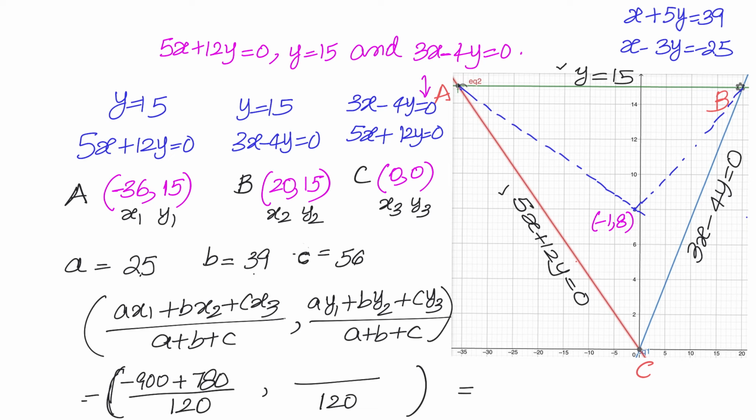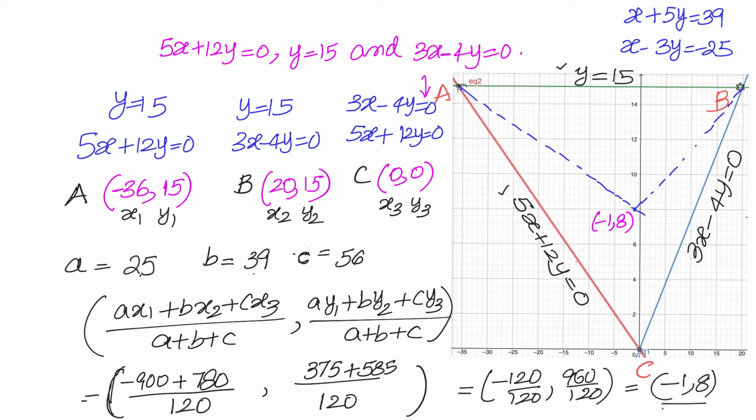Let's go to a into y1, 25 into 15, 375, plus b into y2, 39 into 15, that is 585. Let us simplify that. We will have minus 120 divided by 120, comma 960 divided by 120, which is nothing but minus 1 comma 8.